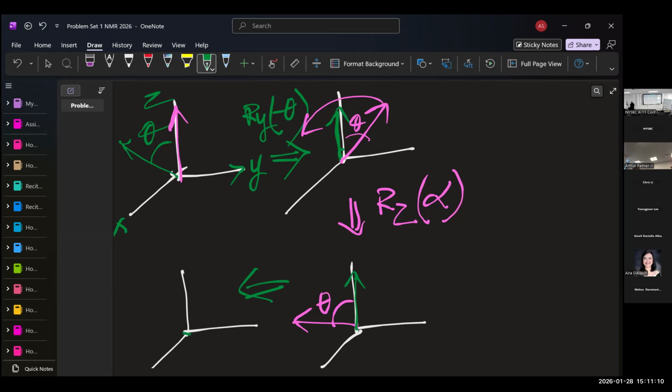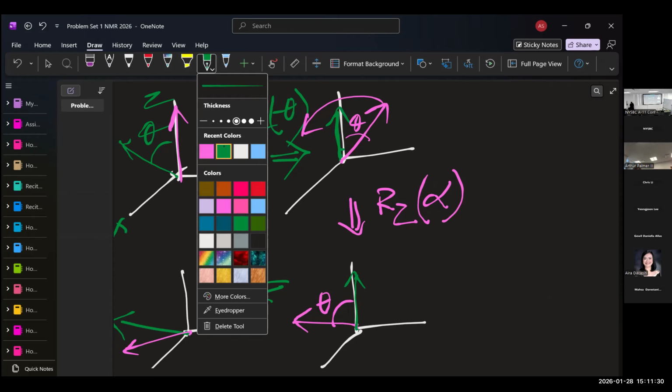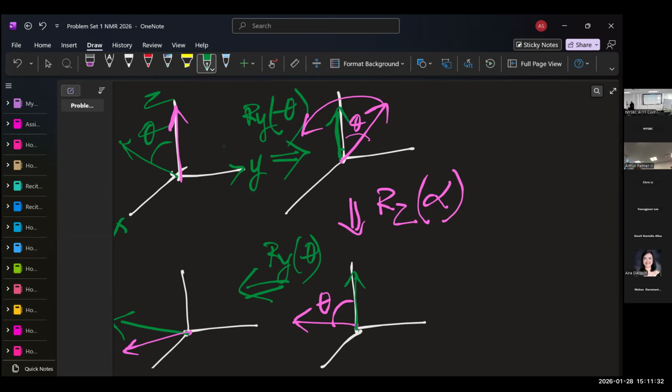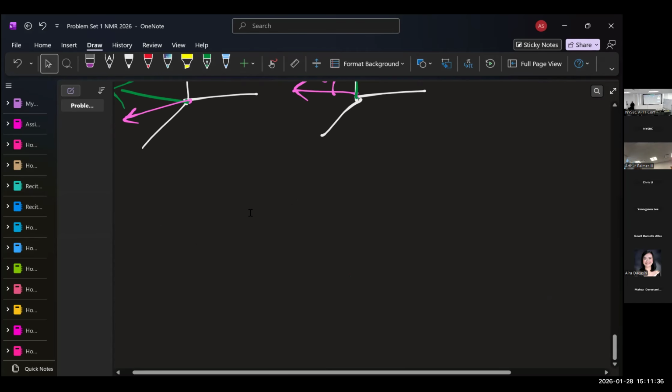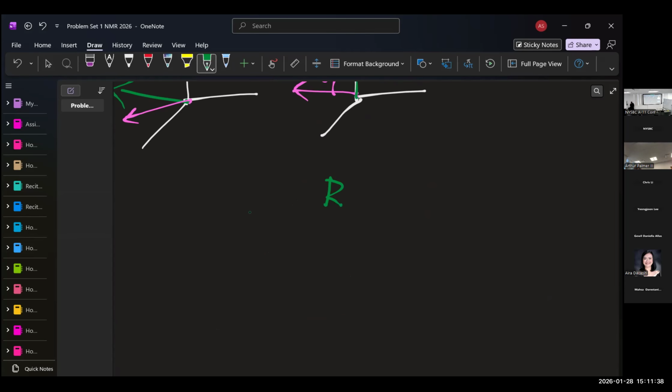So this comes here, and this magnetization lands up in some weird location, which is not minus y, where the on-resonance magnetization would end up. This becomes an Ry of theta. So basically what I did was three rotations in succession.